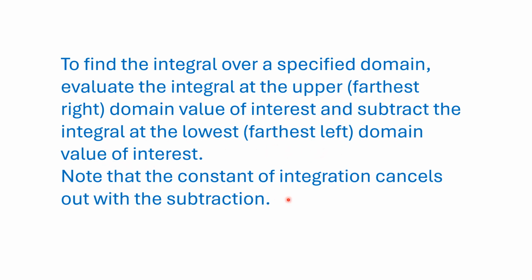Note that the constant of integration cancels out with the subtraction. So if we got a plus c and then a minus plus c, we don't have to worry about that constant of integration with definite integrals.